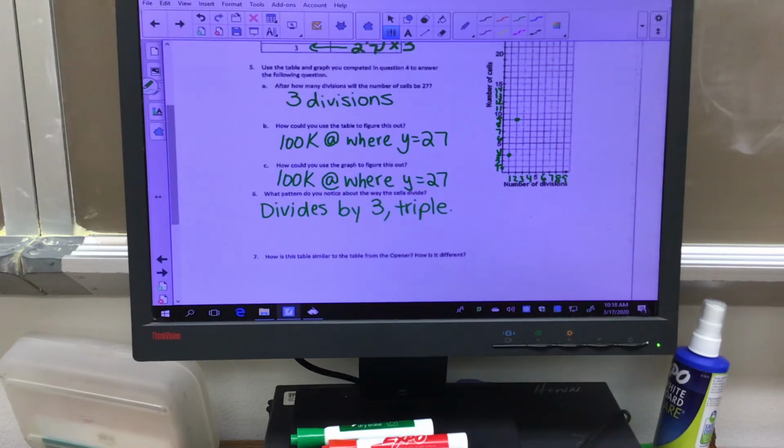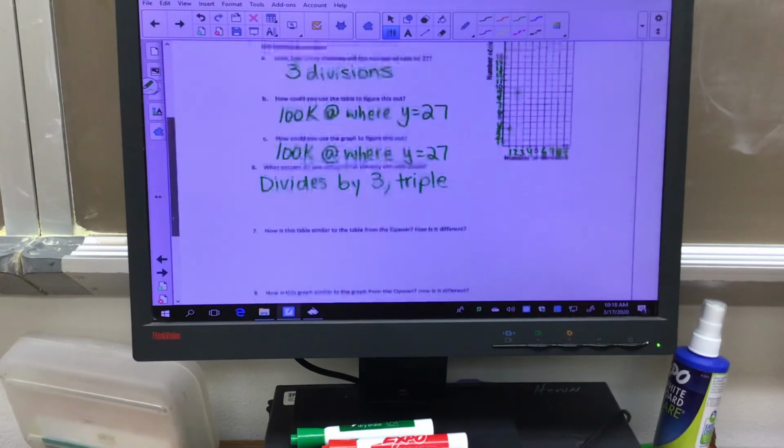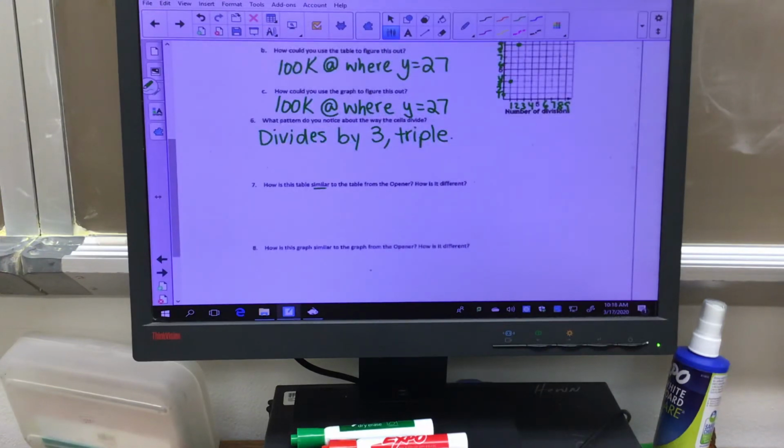Is this table similar to the table from the opener? So for similar, I'm going to put S. And then I'm also going to say, how is it different? So if I look at how they're similar, those tables, the first one, I was multiplying by 2, right? The second one, I was multiplying by 3.